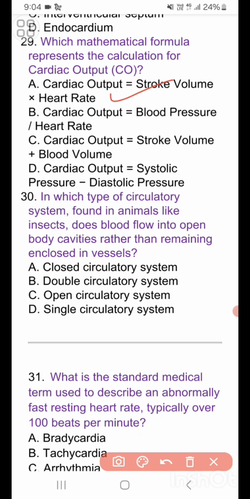In which type of circulatory system found in animals like insects does blood flow into open body cavities rather than remaining enclosed in vessels? Open circulatory system.